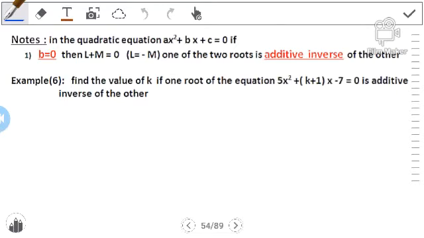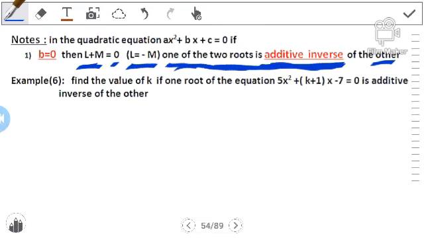Number one: if one of the two roots is the additive inverse of the other, what does that mean? It means L equals negative M, the additive inverse, or the sum of the two roots equals 0. We said the sum of the two roots is negative b. So this condition means that b in the quadratic equation equals 0, where b is the coefficient of x.